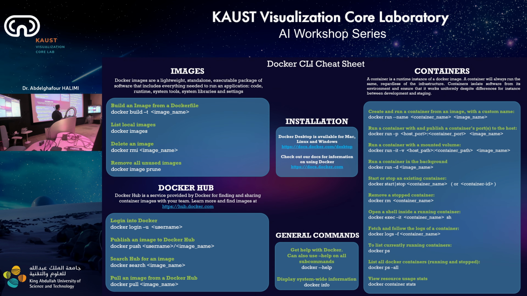And the most important one, docker ps and docker ps -a. These are very important to list all the currently running containers and the history of all the containers that have been executed. You need to use this a lot to always check your containers. Again, ps means process, Docker process.